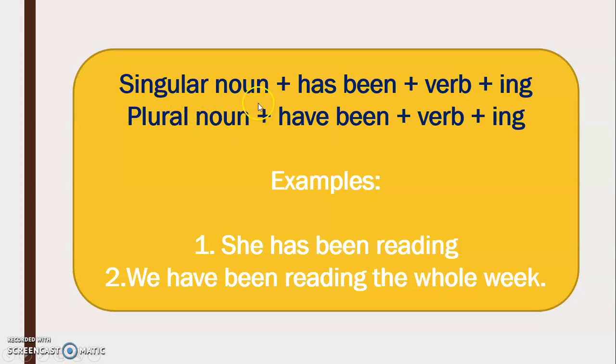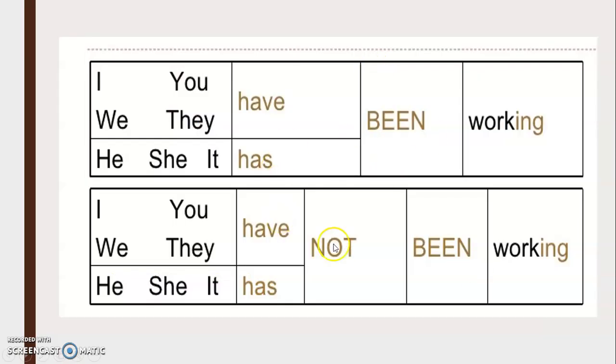While for a plural noun, you use have plus been, also the same followed by verb plus ing. So: we have been reading the whole week. This table is similar to the one in the present perfect tense.